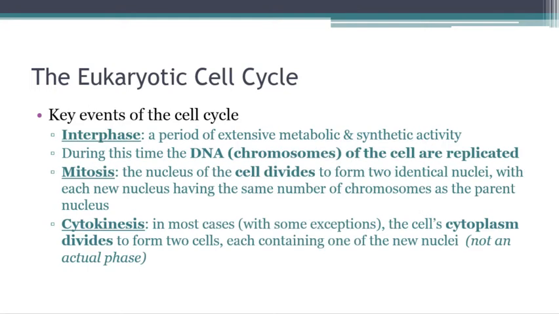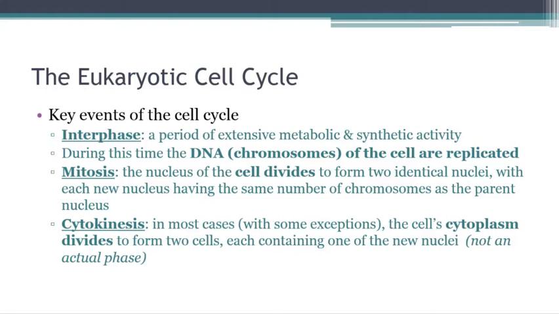So what is in the eukaryotic cell cycle? Lots of things, actually. There's lots and lots of things going on, all kinds of checkpoints and signals and, you know, all of this good stuff. But you can really break all that up into 3 events. There's interphase, and during interphase, it's all about replicating the DNA, okay? And of course, the metabolic activities of the cell are going on and all this good stuff.